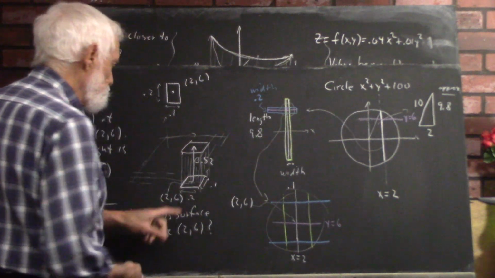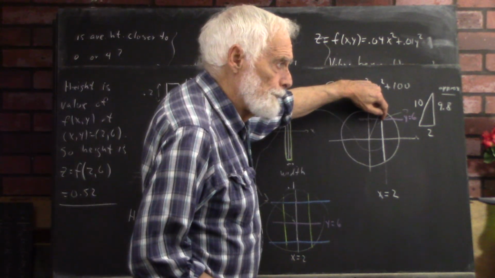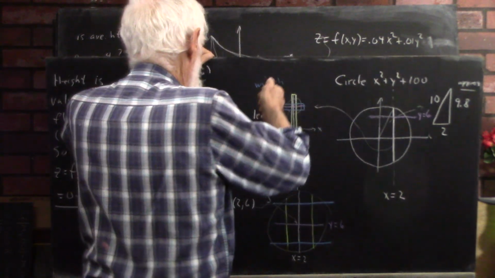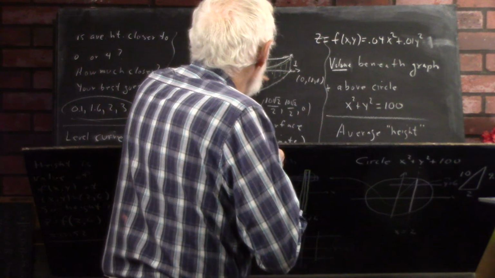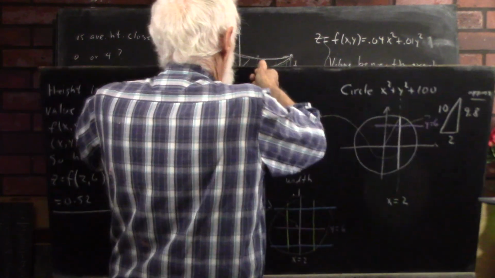Now remember, this little rectangle is in the vicinity of this point. On our original graph, that point might be about here in the xy plane, so it would be coming up to the graph here. Okay.